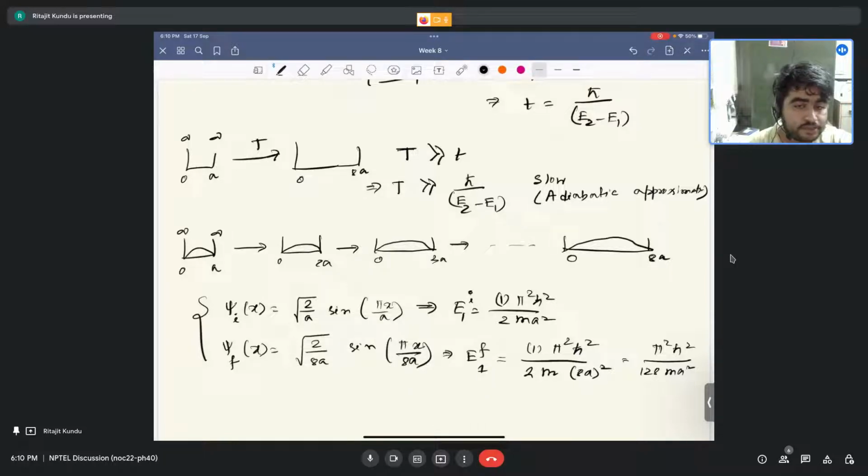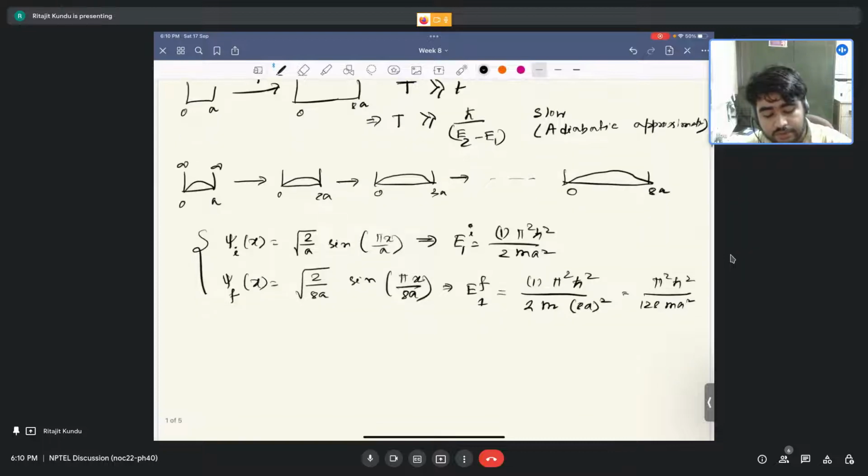Okay, so now we see that there is an energy difference. So what is the work done? Work done between initial and final to make the final system is given by E_f1 minus E_i1.